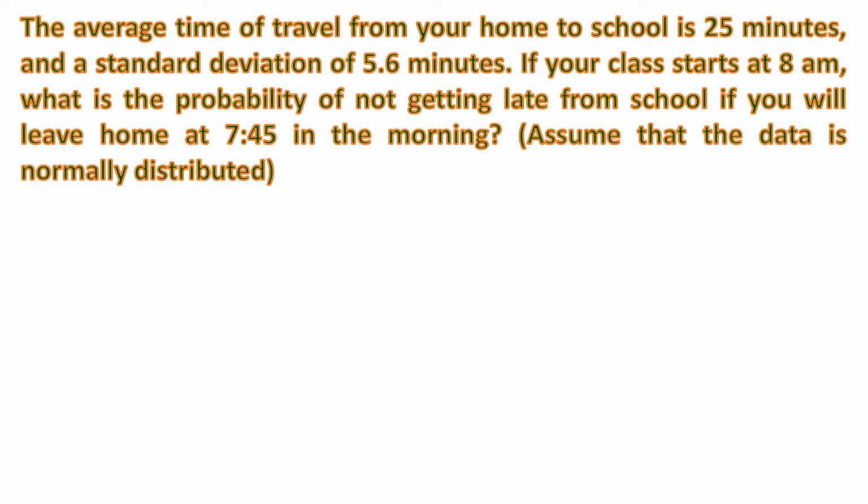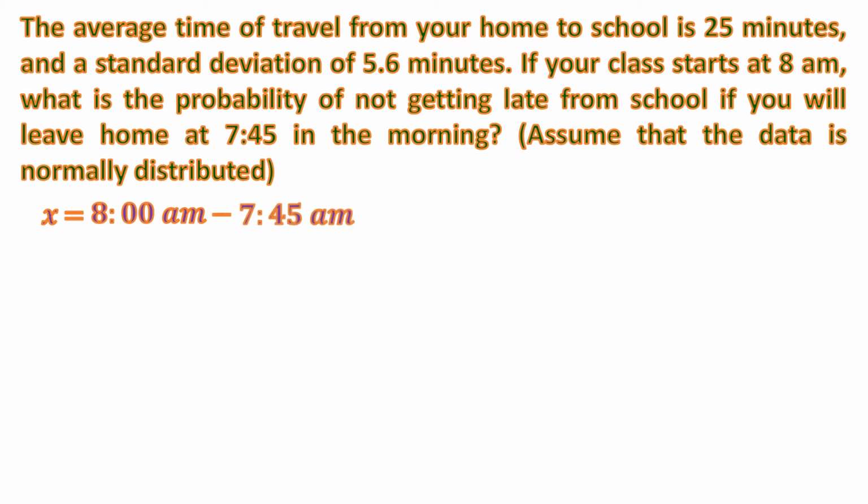And so you observe the given is only the average, which is 25 minutes, or the mean, and standard deviation 5.6 minutes. So there's no given x, or the time that you have traveled from home to school. So we're going to find it. So the x is, how many minutes are you going to travel from 7:45 to 8?